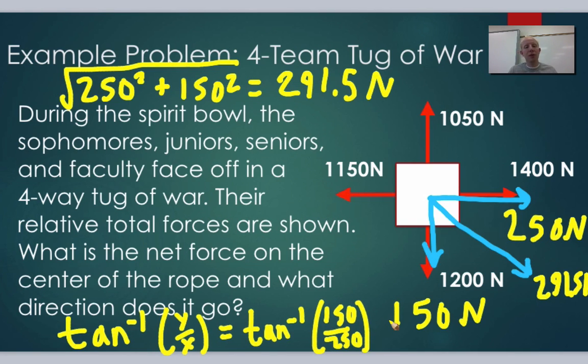And that will give us that the angle made to the horizontal is about 31 degrees. So this angle right here is 31 degrees. And there we go. So now we found a net force at an angle for this scenario.